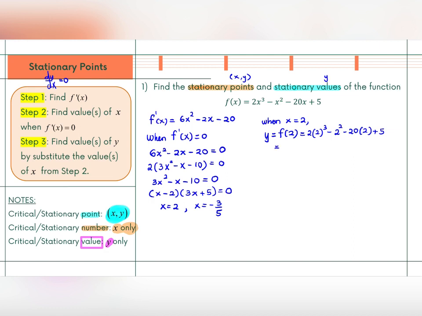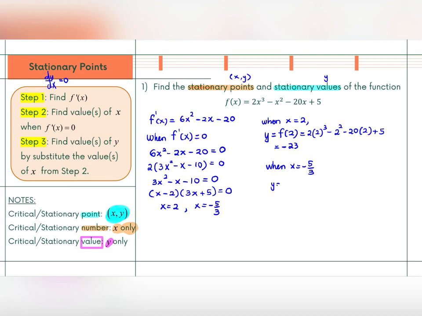The value of y is negative 23. And when our x is equals to negative 5 over, negative, terbaliklah sini, sekejap. Okay, this one is supposed to be negative 5 over 3. So, ini adalah negative 5 over 3 ya.